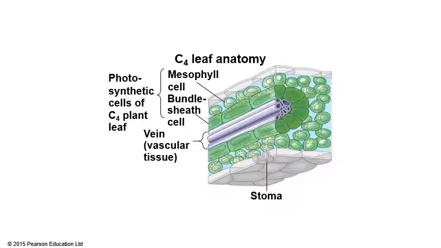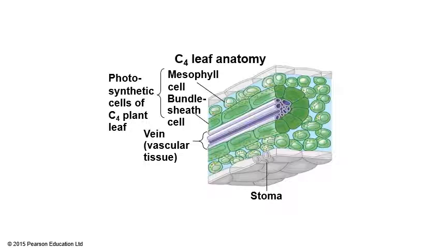Those bundle sheath cells build up cell walls, and with the cell wall, they produce a waxy material and deposit it inside the cell wall. So that's why they develop a thick cell wall. And CO2 and O2 cannot go through that cell wall of the bundle sheath cell.